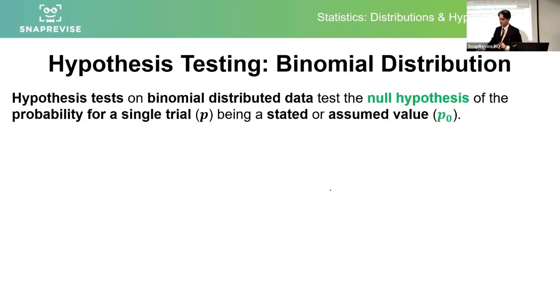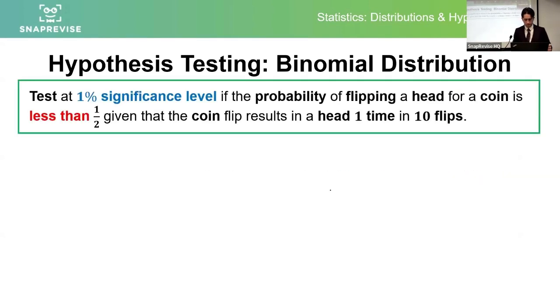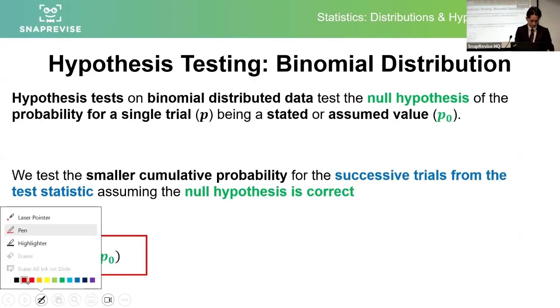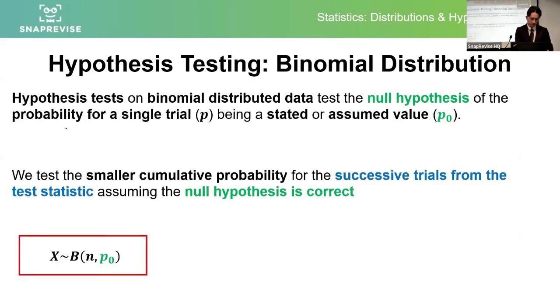Now, hypothesis testing for the binomial distribution. We are almost there, guys, so we're going to keep going here. Let's have a little look. For H0, we're going to say the probability is what we think.